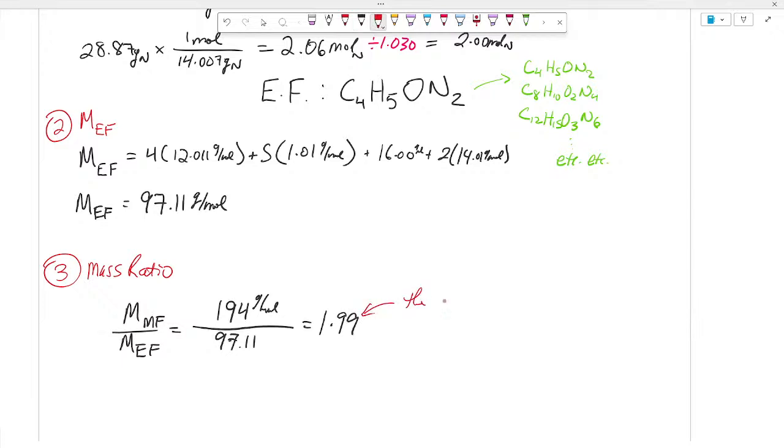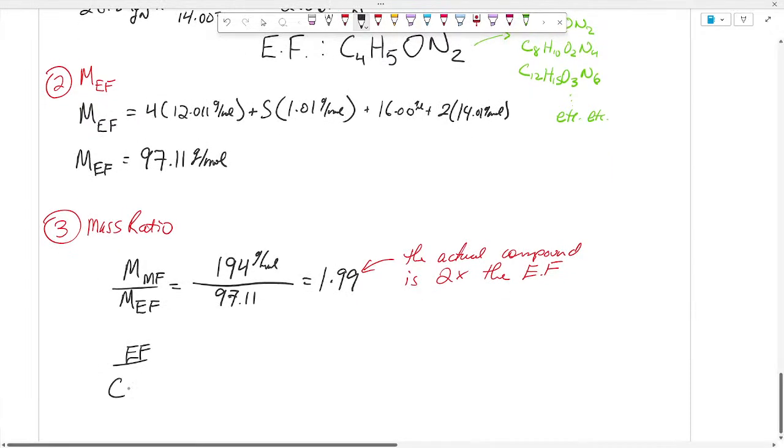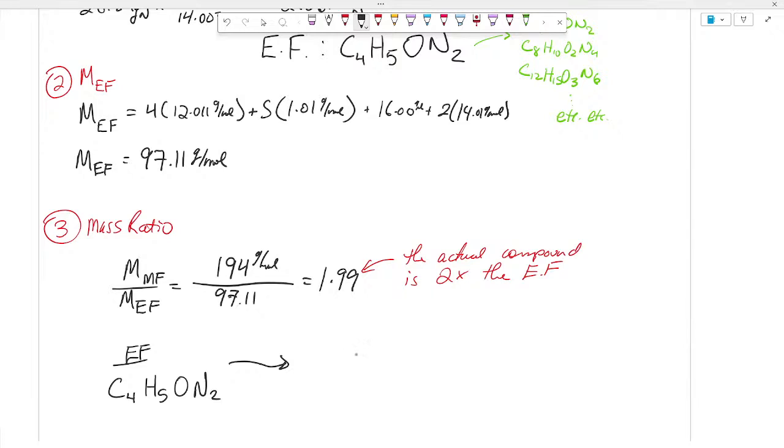Which is obviously what? Yeah. So the actual compound is 2 times the empirical formula, which means that if the empirical formula is C4H5ON2, the molecular formula is what?